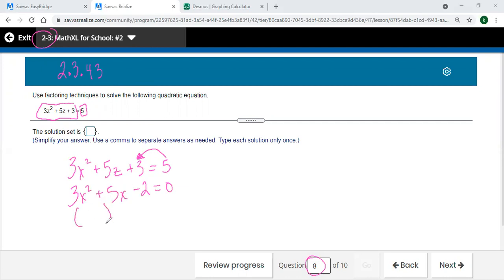Now we're going to factor this. So 3x times x is the only way to get this 3 out in front. And then we need a 5. So I'm thinking like a 3 times a 2 would give me a 6x, and then 1 times x is a 1x.